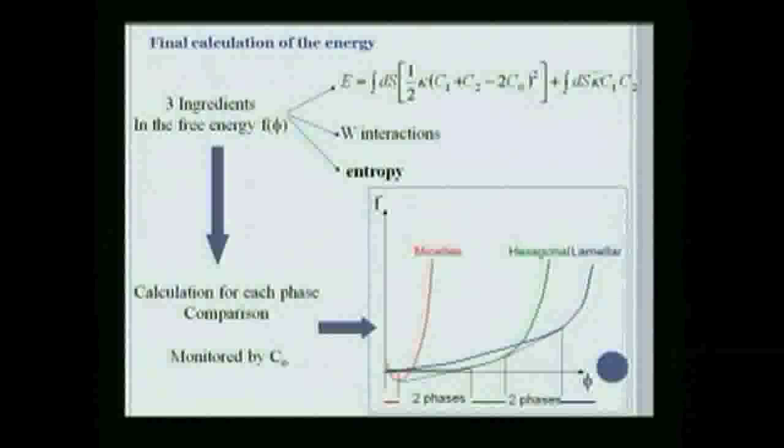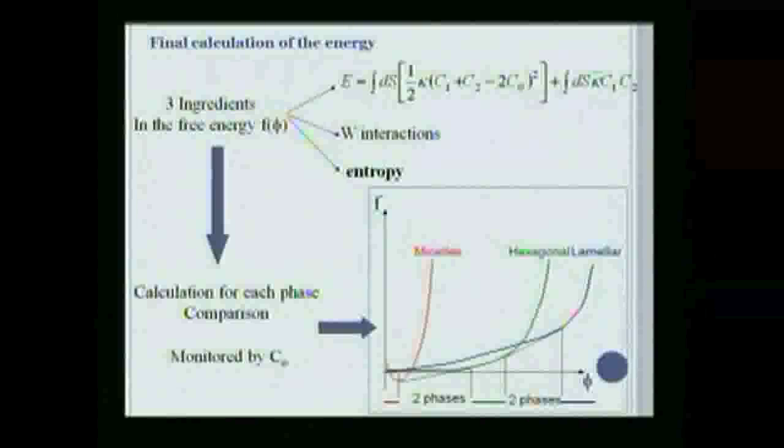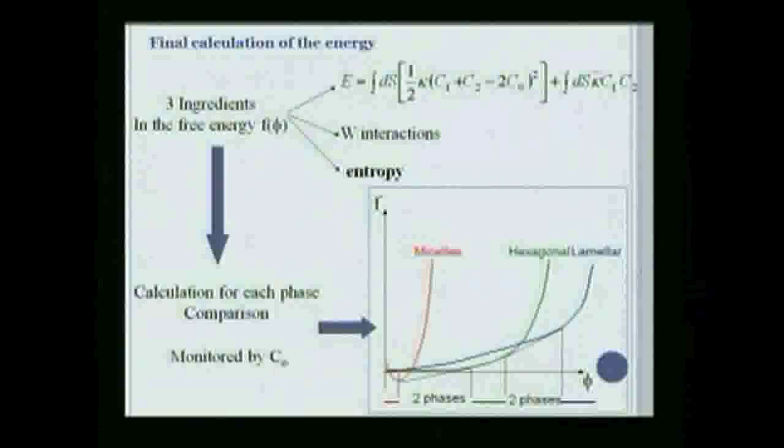Technically, we plot the free energy versus the volume fraction of surfactants. For example, the curve for spherical micelles, the curve related to the hexagonal phase, to lamella, and then we compare these curves and try, using the double tangent method, to find the situation of equilibrium.